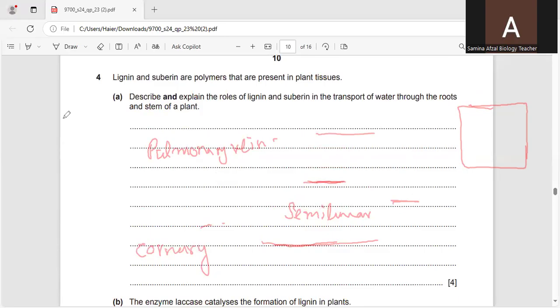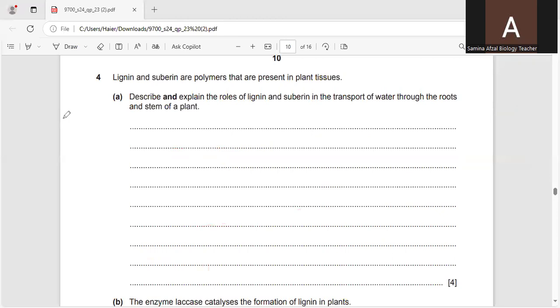Lignin and suberin are polymers that are present in plant tissues. Describe and explain the roles of lignin and suberin in the transport of water through the roots and stem of a plant.